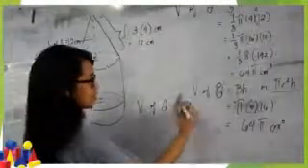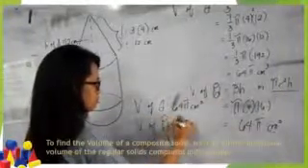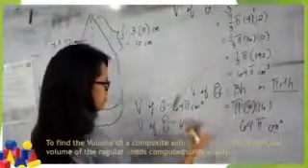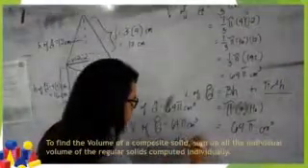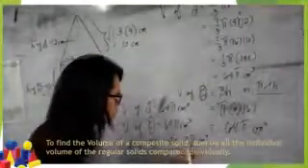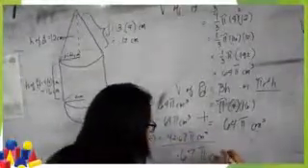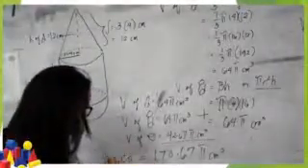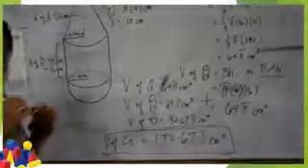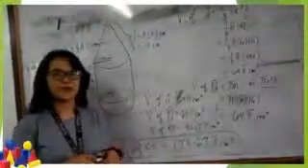Volume of the cone is... the volume of the composite solid is equal to 117.675 centimeter cube.